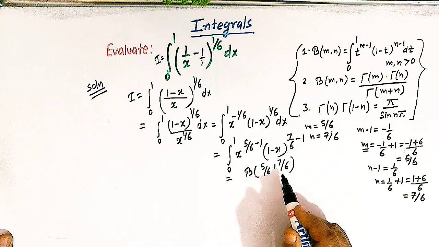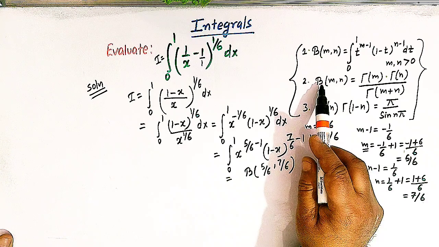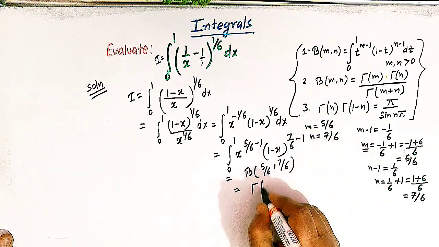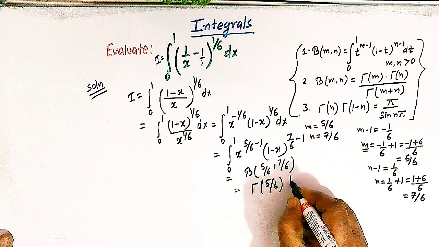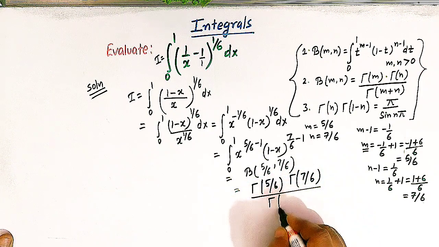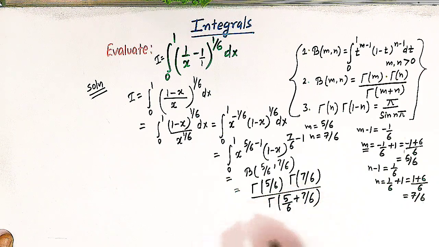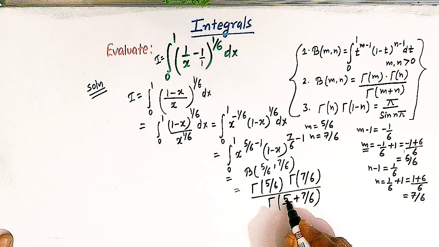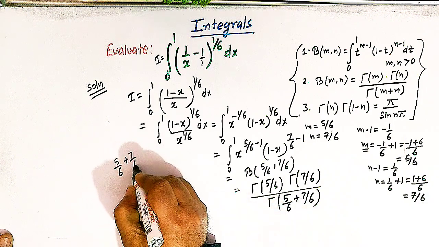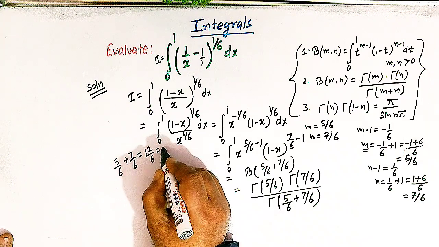The next step is to apply the relation between beta function and gamma function. We can now write gamma of 5 over 6, then gamma of 7 over 6, divided by gamma of 5 over 6 plus 7 over 6. Now 5 over 6 plus 7 over 6 gives us 5 plus 7 is 12, and 12 over 6 is 2.